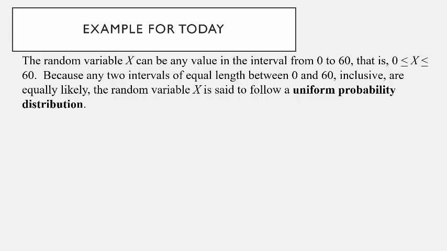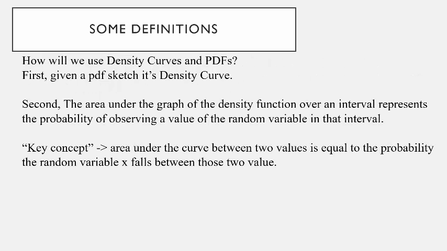I promise you, and I know it seems weird watching this in the videos, you're wondering what the heck does all this mean? But I promise after you see the next example, me walking through it, the concepts of a density curve and a PDF will make a lot more sense. So just bear with it.